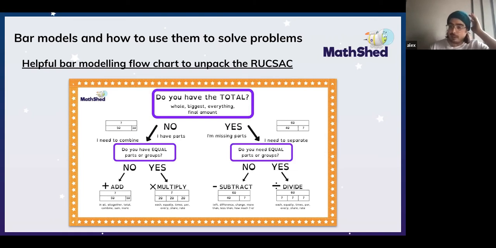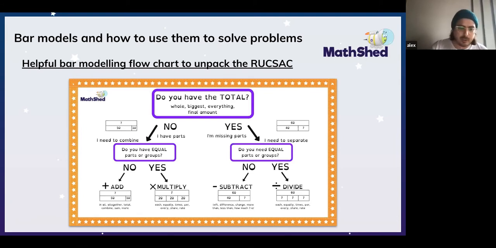And people have decried Rucksack as meaningless and pointless and useless and all these sorts of things. Who knows? But what I would say is that this bar modeling flowchart really helps contextualize and make Rucksack useful, because here children know how to understand, because we've got these concepts of needing to combine, needing to separate, missing parts, you know, choosing the keywords.